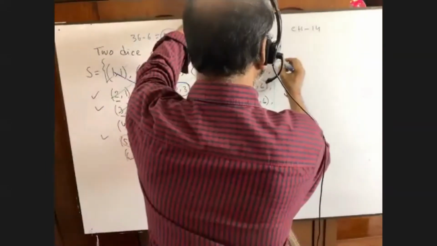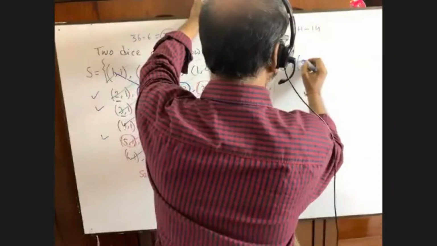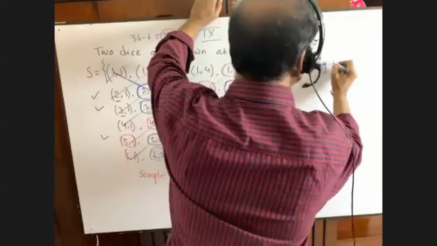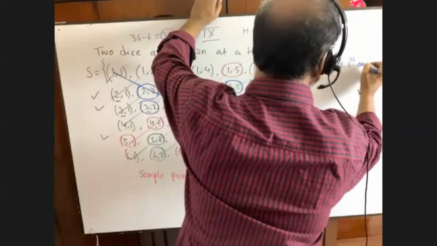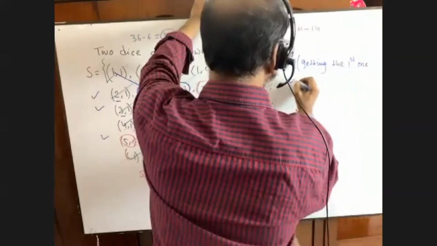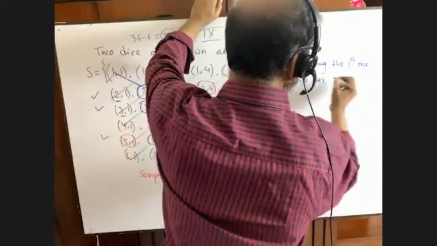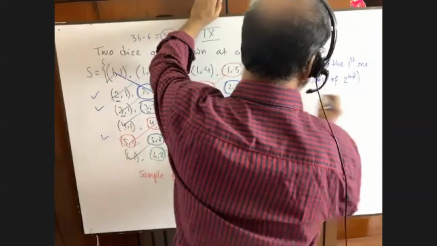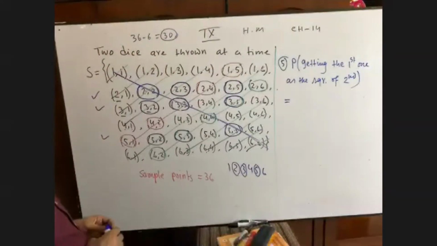Number 5. Getting the first one as the square of the second one. What will be the answer? The first one will be the square of the second one.